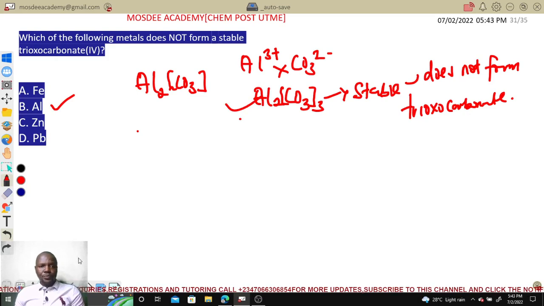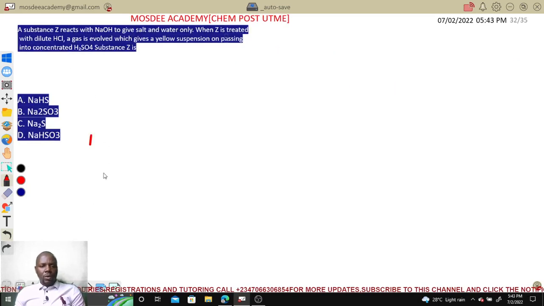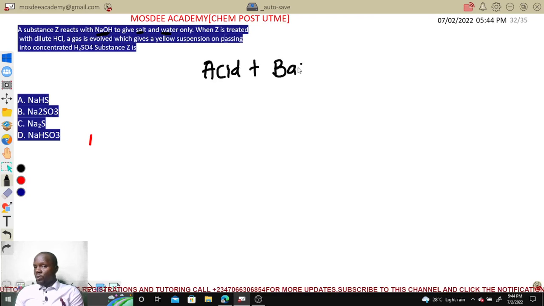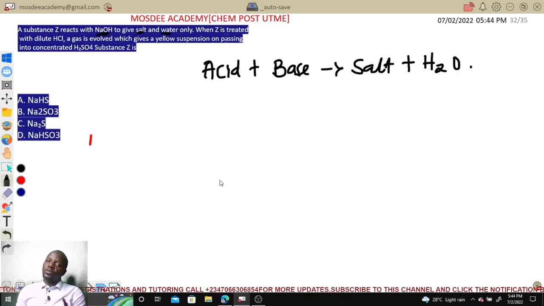Question 32. Wow. Question 32 says a substance Z reacts with NaOH to give a salt and water. For a substance to react with a base to give salt and water, that's the concept of acid, base, and salt. That substance must be an acid, because it is an acid that combines with a base to give you salt and water. That is what you just need to keep in mind.